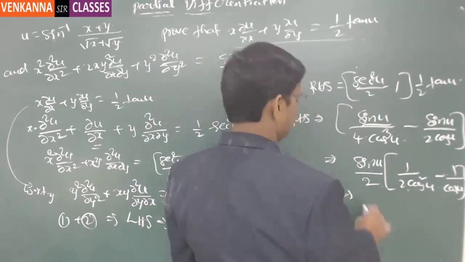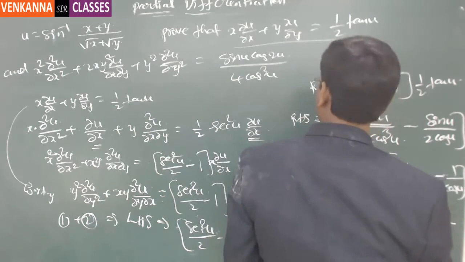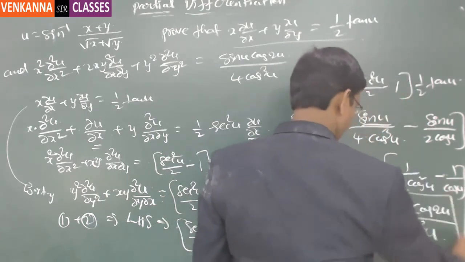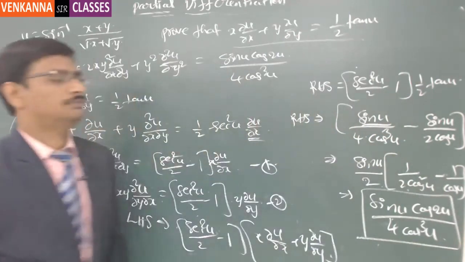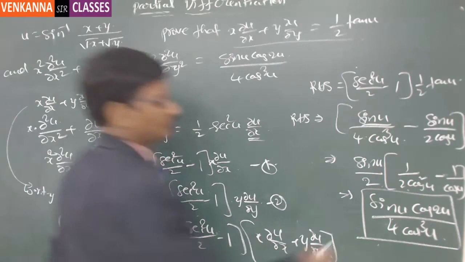So this is sin u cos 2u divided by 4 cos cube u. So this will be the final answer. You are going to get it. Got it? This is cos cube.